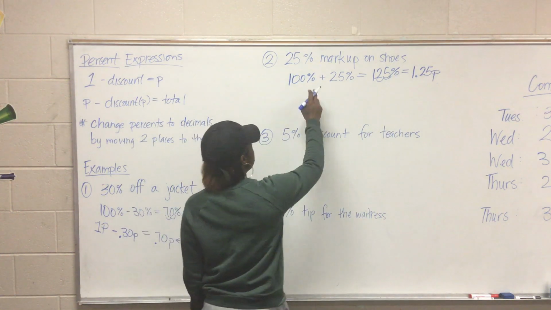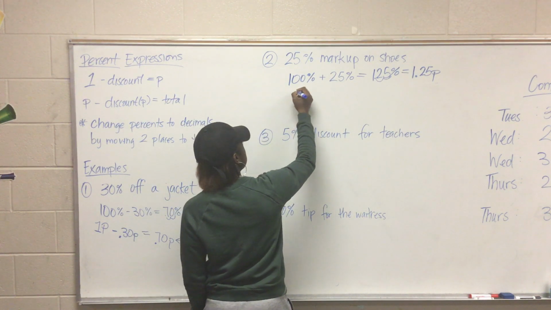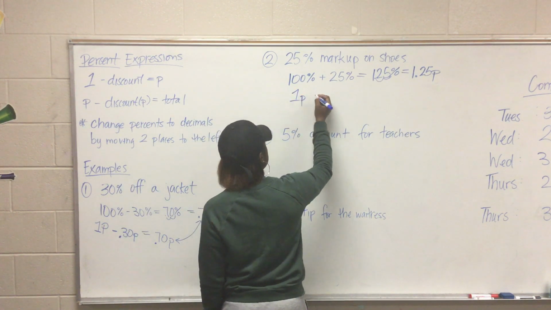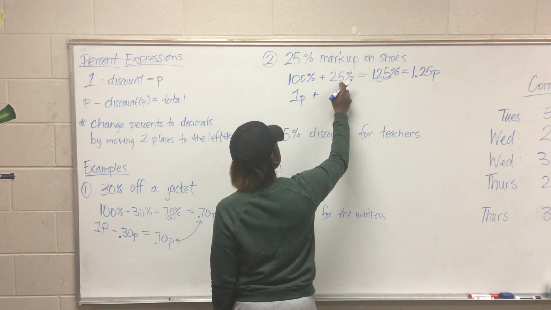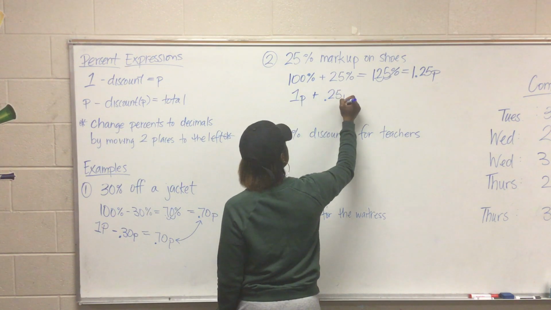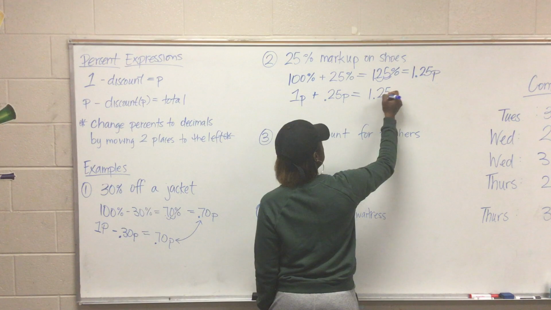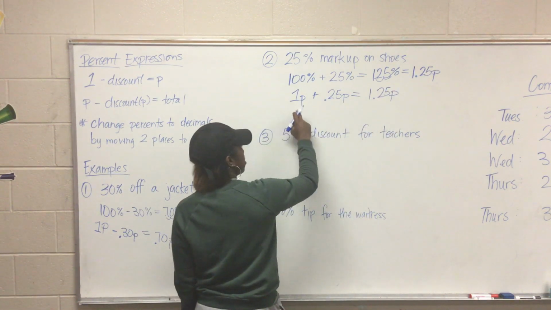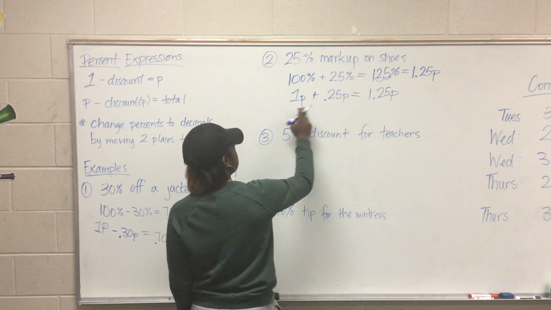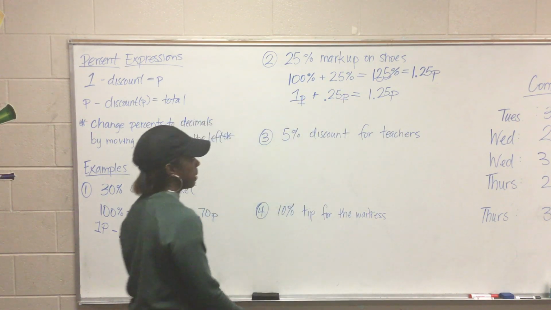So, if I do it again and I change this percent to a decimal, that is 1p plus 0.25p, which equals 1.25p if I'm combining like terms. They both have to have the same variable in order for me to combine like terms.